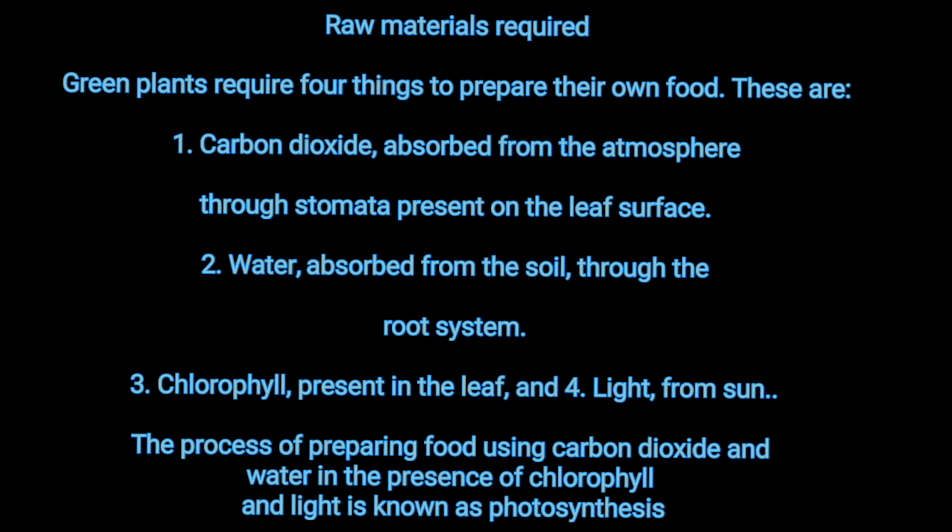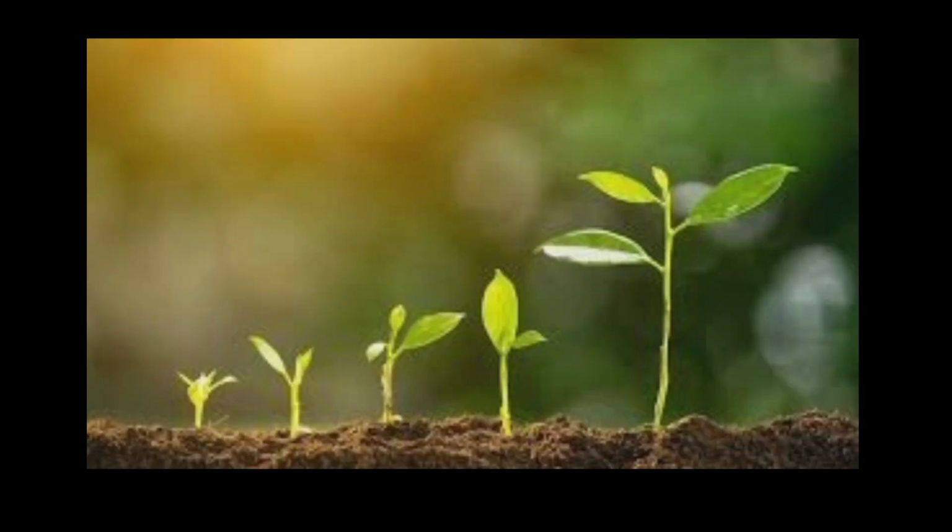Now here comes the definition of photosynthesis. The process of preparing food using carbon dioxide and water in the presence of chlorophyll and light is known as photosynthesis. What is synthesized during photosynthesis? During photosynthesis, food is synthesized in the form of sugars.